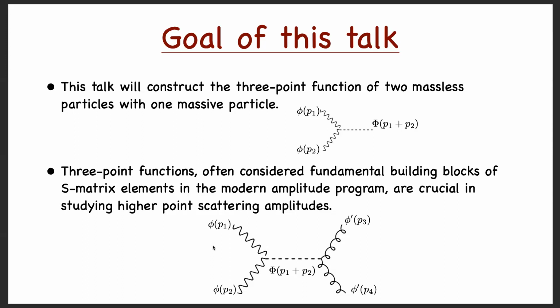And any scattering amplitude you can break into a function which depends on the momentum, and a function which depends on polarization and momentum. These terms are called tensor structures because they are made up of the polarization.